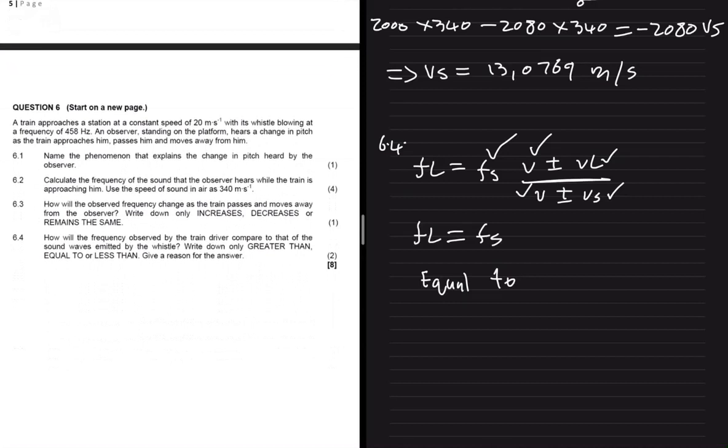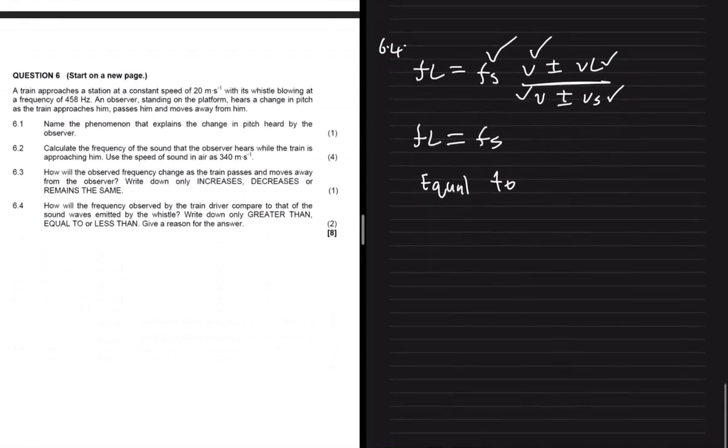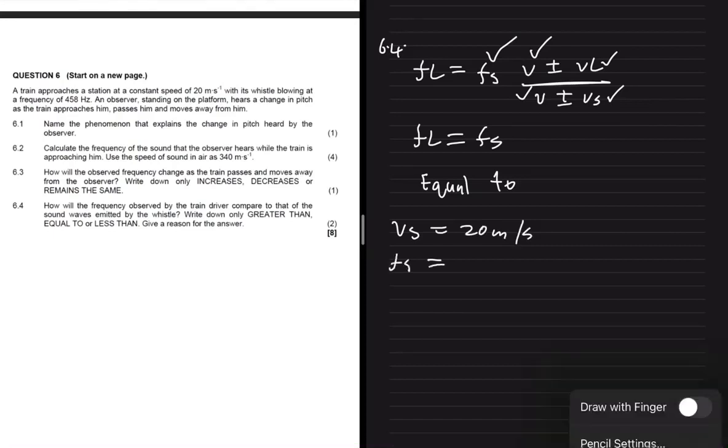Question 6 again. A lot of question 6, it seems. A train approaches a station at a constant speed. So V of source, I'm assuming it's source, I can always change. With its whistle blowing at a frequency of source 458 Hz.